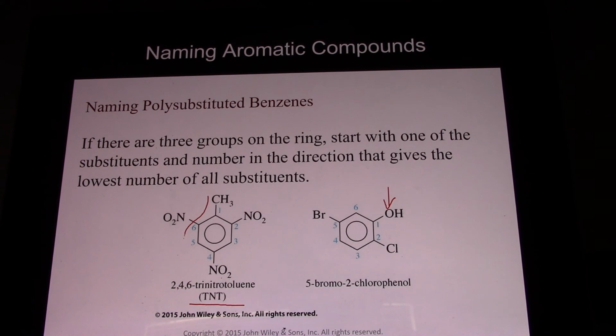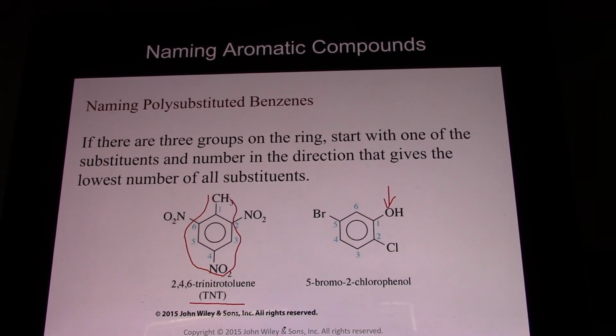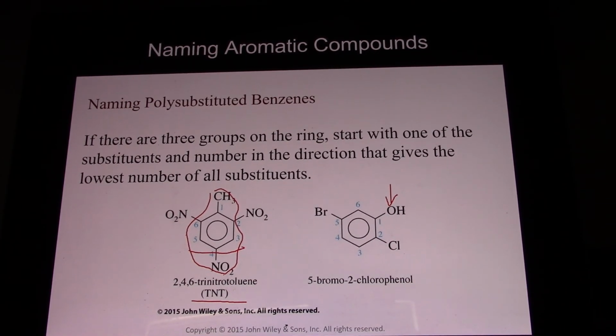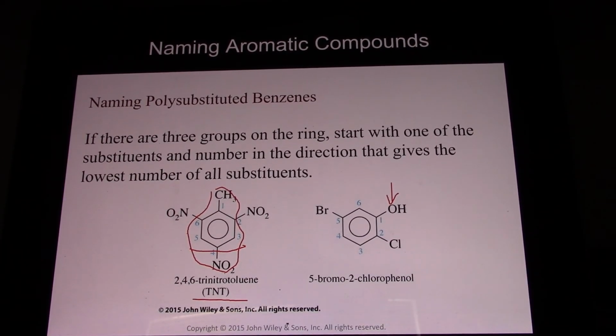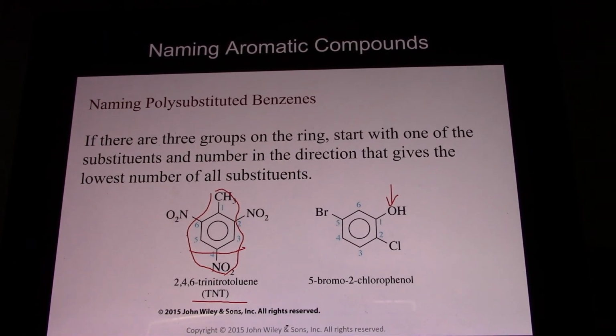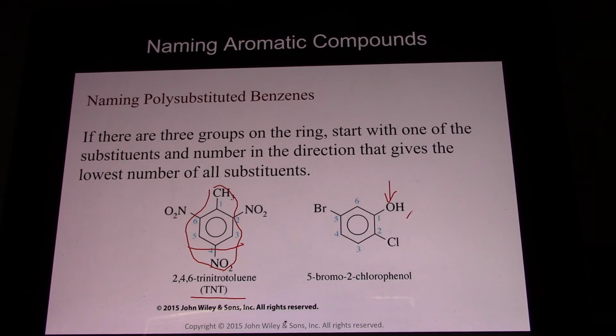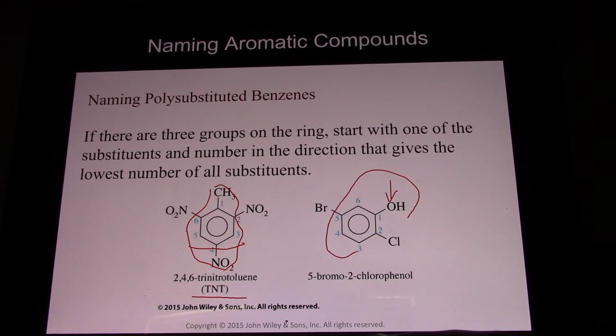Here we have a toluene, and the 3 nitro groups are attached to the toluene at 2, 4, and 6. Here we have a phenol, and you have a chlorine and a bromine attached. And we number it in this way because that gives us the smallest numbers.